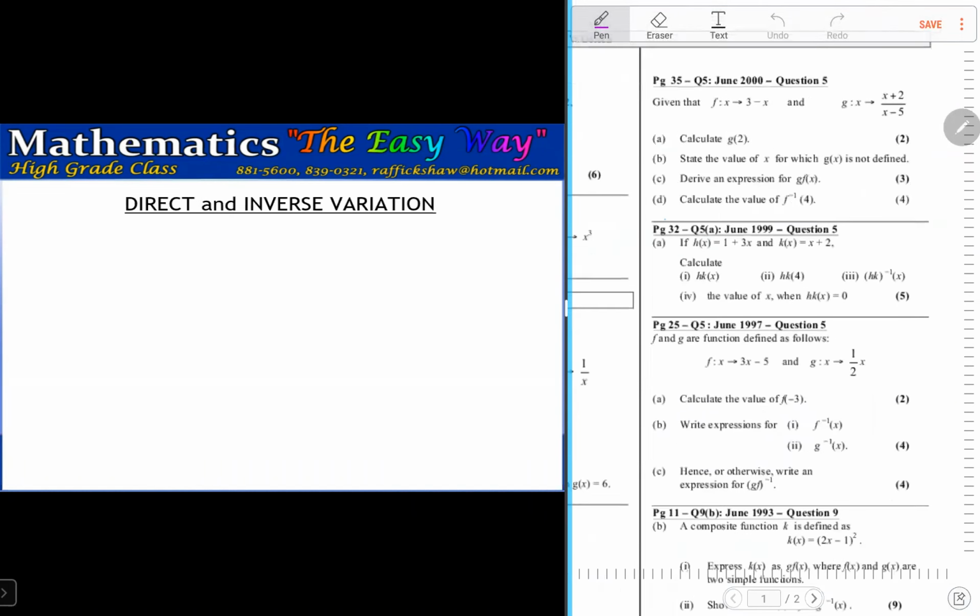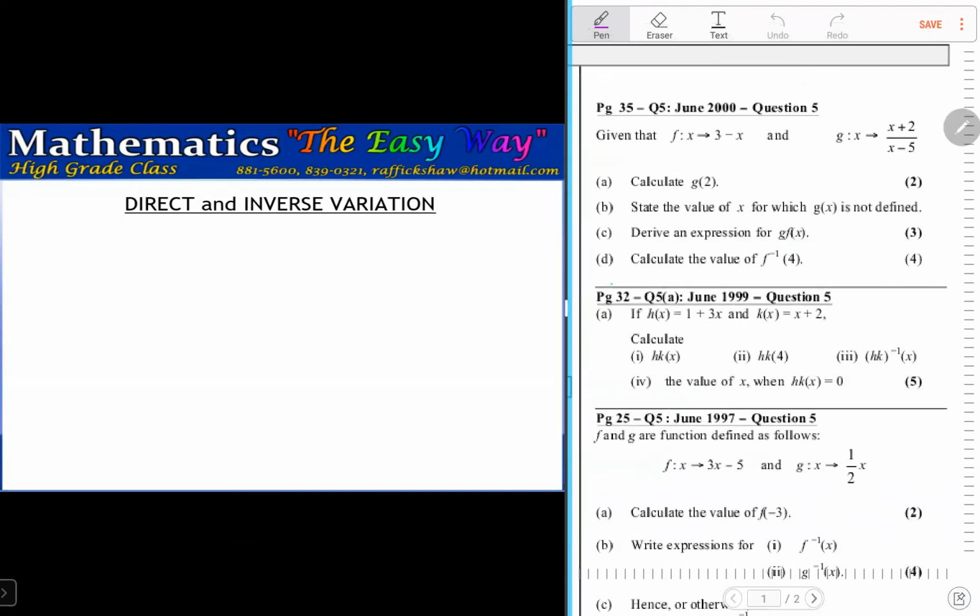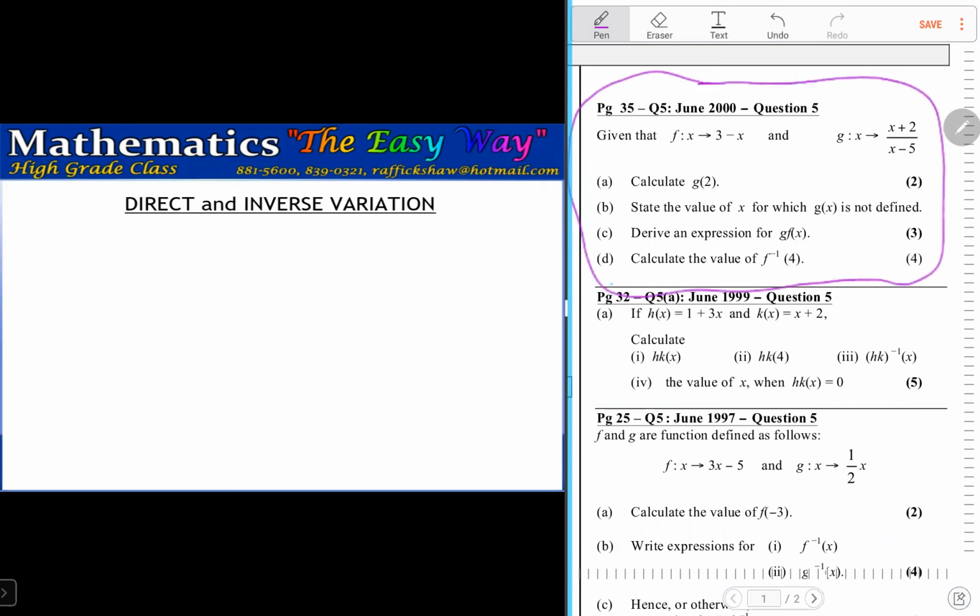So let's do this one first. My aim for doing this one is to cover when the function is undefined. That's the reason I'm doing it.